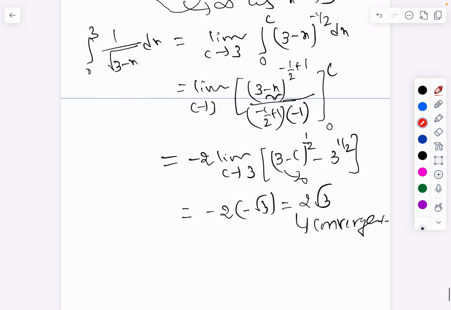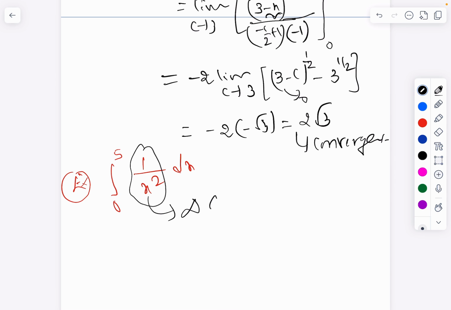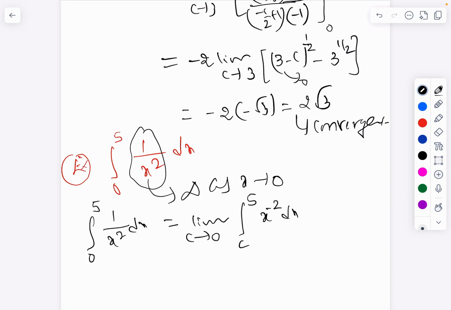Let us take the next: integration 0 to 5 of 1 over x square dx. Now 1 over x square tends to infinity as x tends to 0, so this is an improper integral of the second kind. So 0 to 5 of 1 over x square dx equals limit c tends to 0 of integration c to 5 of x power minus 2 dx.